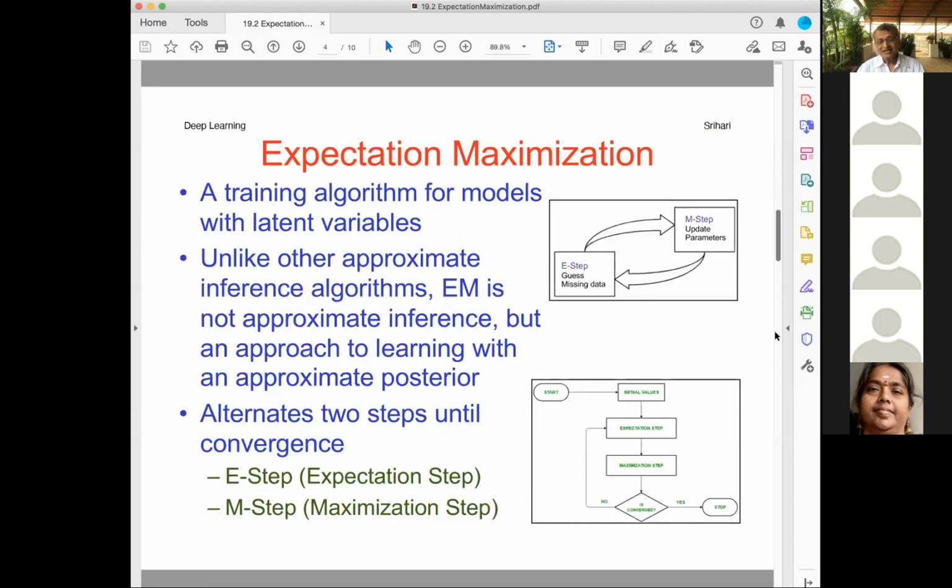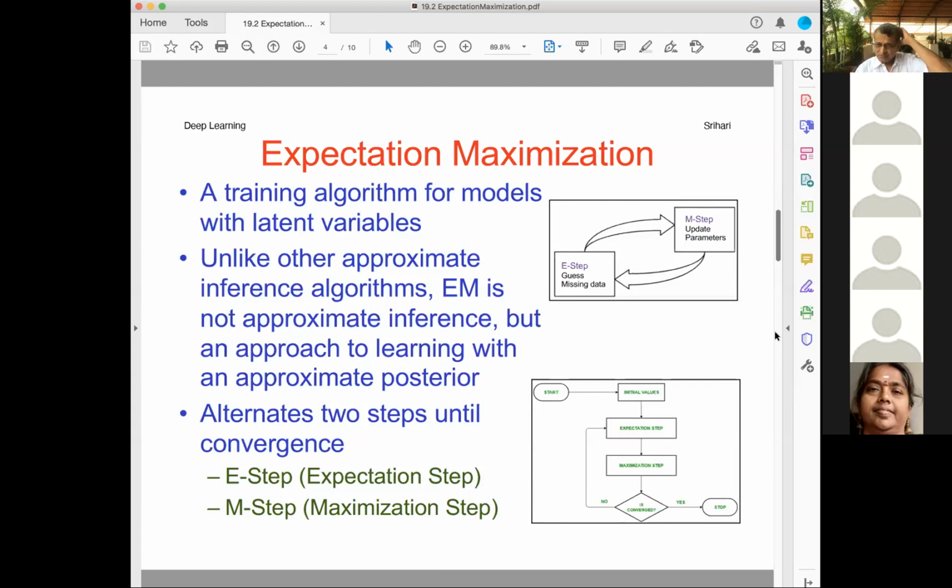This slide, again, has some classic figures of what is expectation maximization. You can carry away this notion that whatever the problem you're working with, if it has unknown values, unknown parameters, then you can regard it as a problem that can be attempted with expectation maximization.